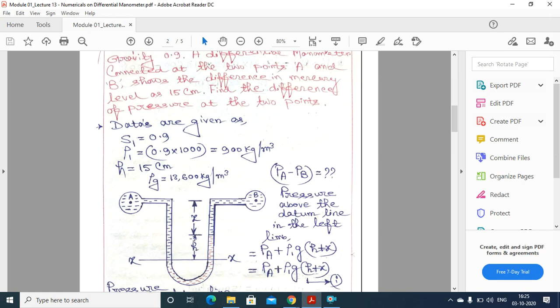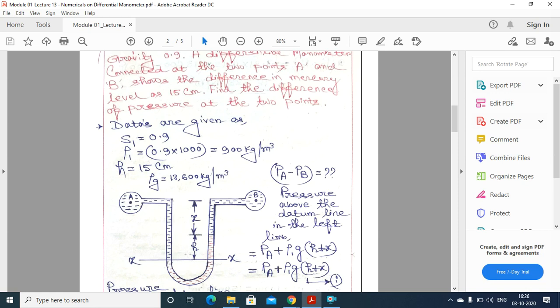Now, the distance of the center of pipe A and pipe B from the datum line xx will be h plus x.